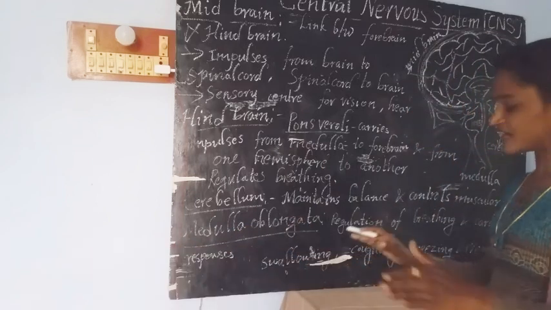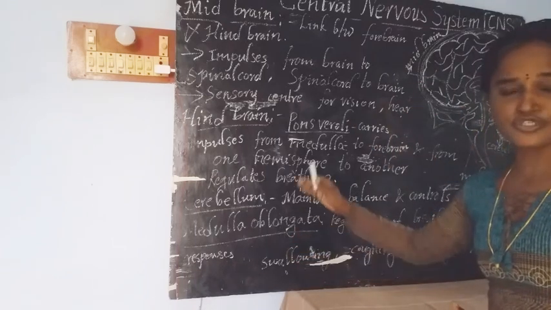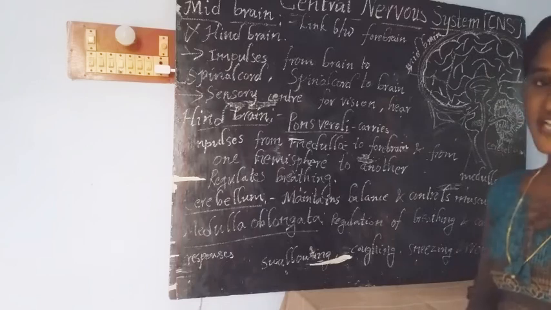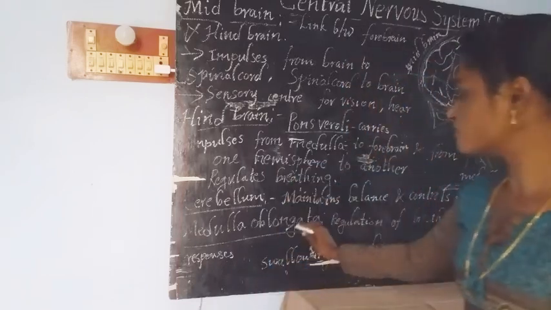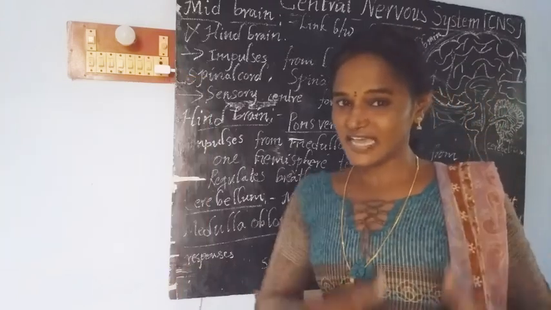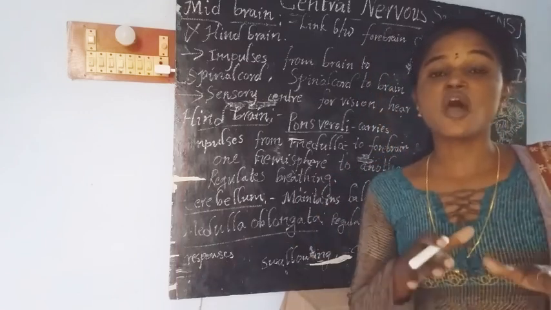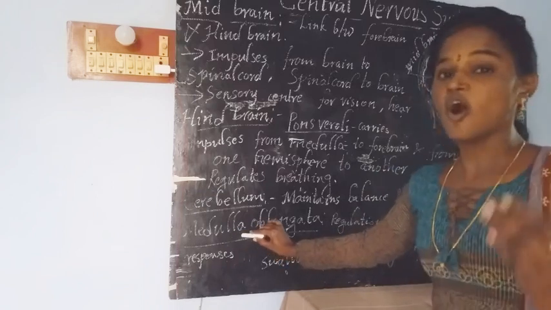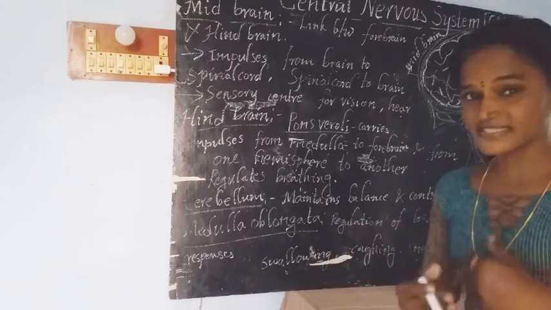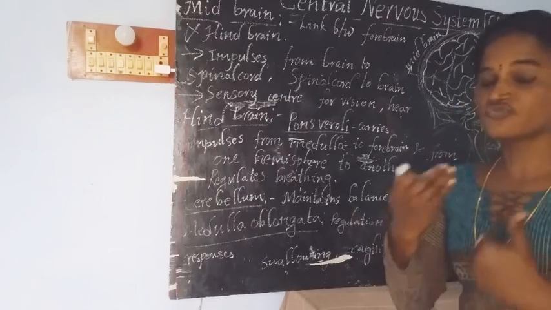The medulla oblongata regulates breathing. The pons and medulla oblongata together regulate breathing, and cardiovascular responses are also under the control of the medulla oblongata. Cardio means the activities held inside the heart. Along with this, it also controls some activities inside our body, like swallowing.